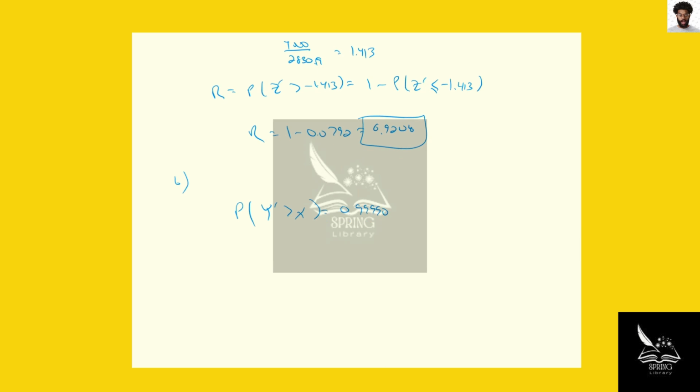We can use the inverse of the standard normal distribution to find the required Z-score for this. The corresponding Z value for the probability that Z prime is less than or equal to Z is going to be 0.00010, and that's about negative 3.719.